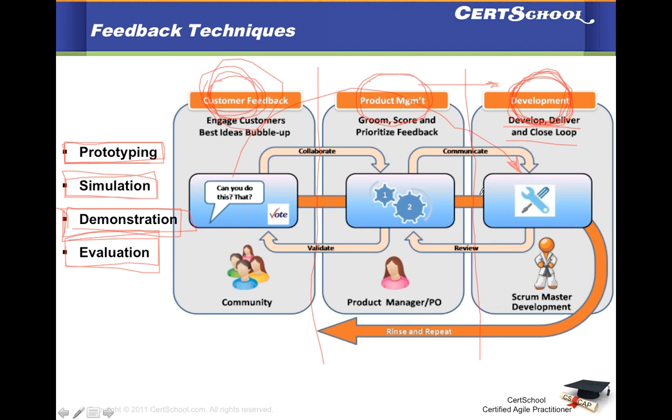When you have multiple options, especially if you have created multiple prototypes, so you have prototype A, B, and C, at some point in time you'll have to do some kind of evaluation. Which one is the one which has almost everything or everything that is needed. So that evaluation is again a feedback technique.